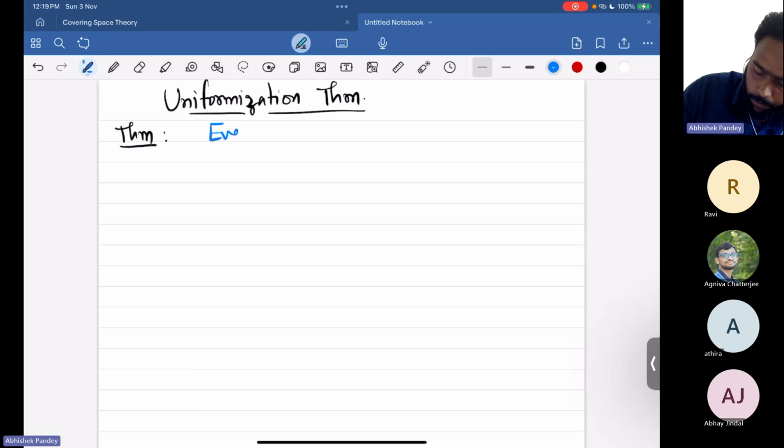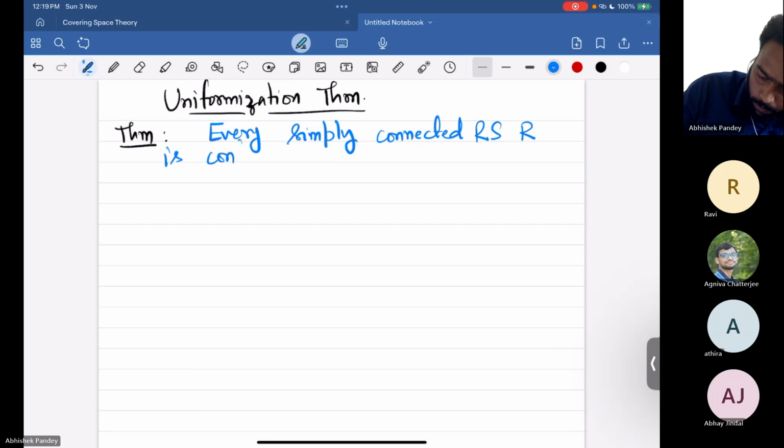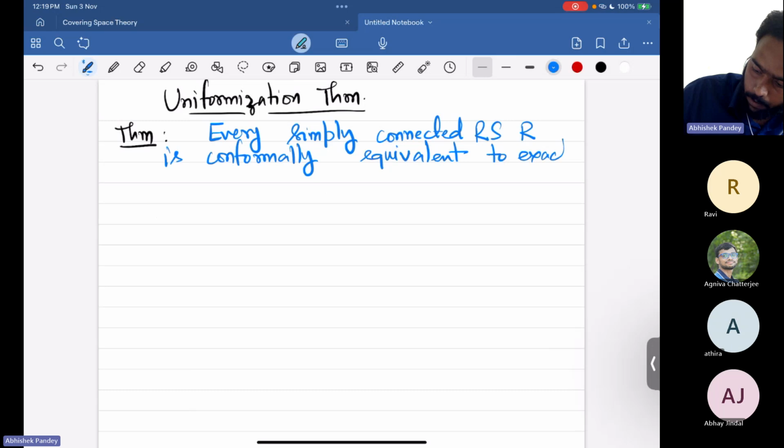Every simply connected Riemann surface R is conformally equivalent to exactly one of the following.